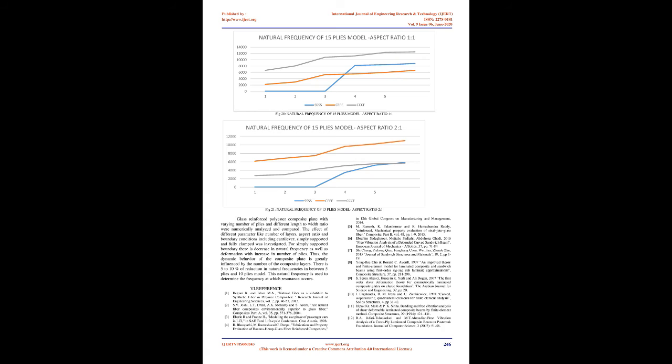From Table 5.3, the same trends hold: minimum frequency occurs at all sides simply supported for both ratios, maximum frequency for 1:1 occurs in 3 side cantilever and 1 side fixed, and for 2:1 in 1 side cantilever support and 3 side fixed support.